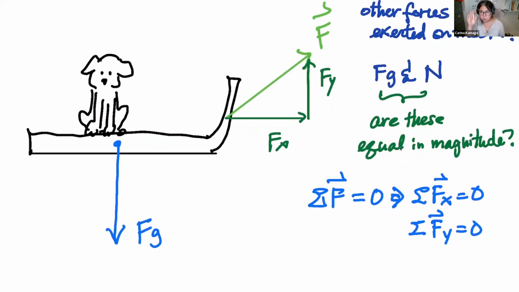So you can see the motion in the horizontal component and the vertical component independently. They don't depend on each other when they're perpendicular. Any motion that's only in a vertical component, you can just look at it only in this direction. In this case, we don't think that sled is going to go up and down. It's just going to go only in a horizontal direction. So Fx is not 0.